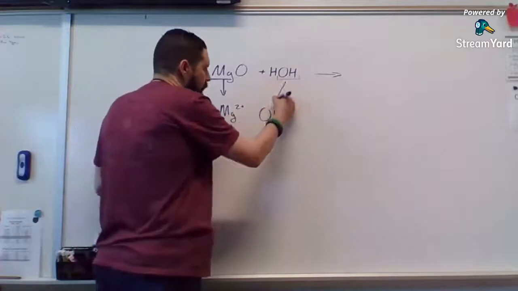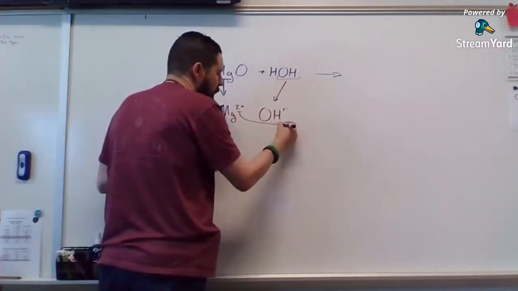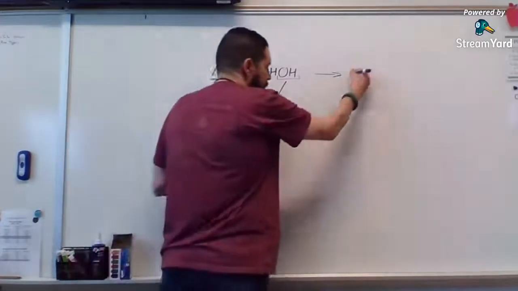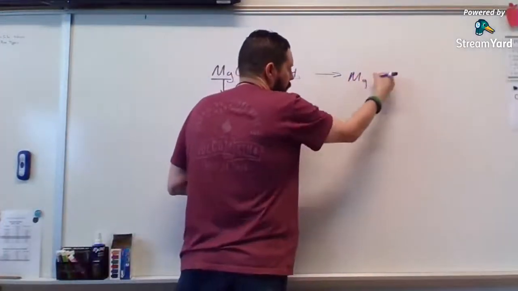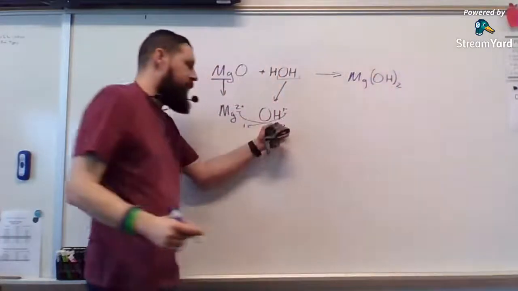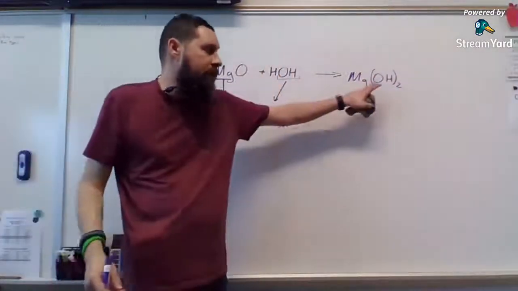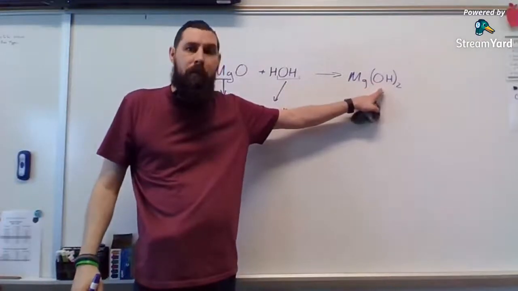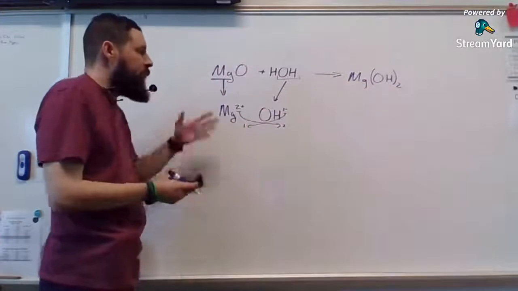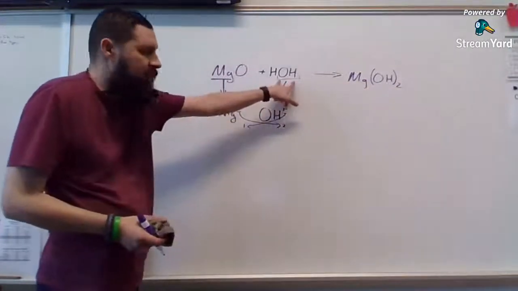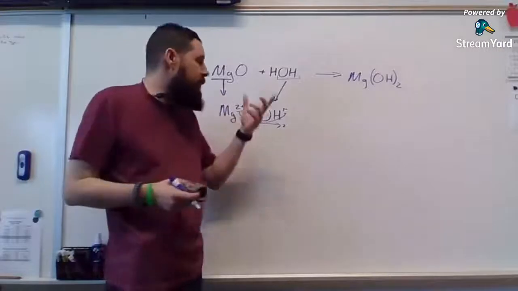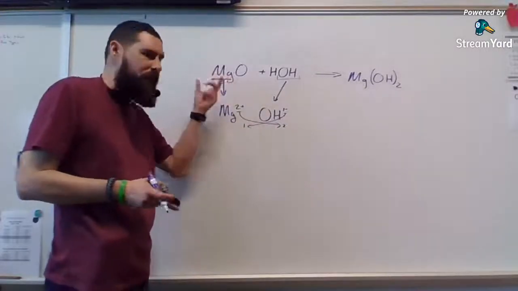And now you'll notice we're back to crossing down those charges, and I get Mg, unwritten 1, OH, and because the subscript that I've crossed down is greater than 1, that hydroxide has to go into parentheses. That way I know I've got 2 hydroxide groups. So you can see that OH group as a nice little reminder of what's going to be reacting with your metal.